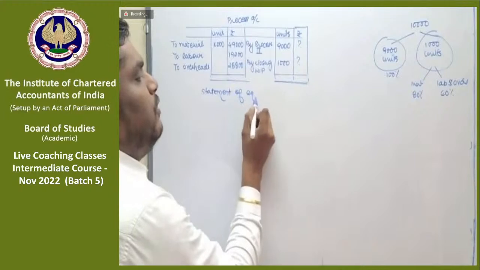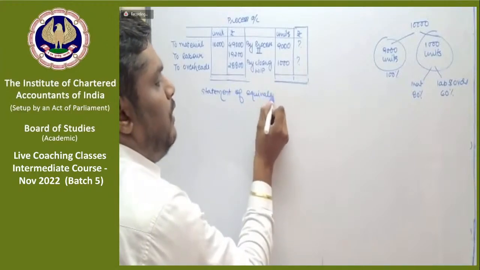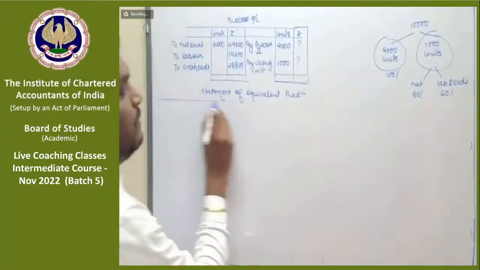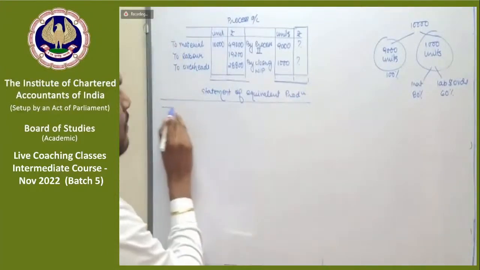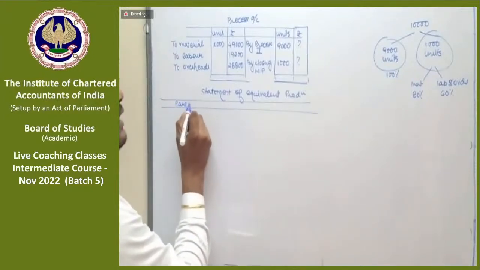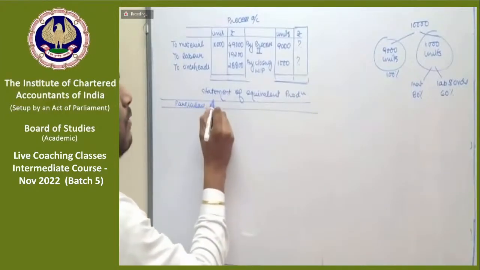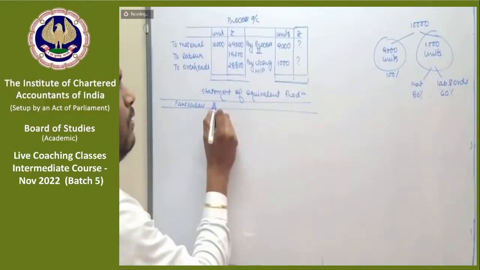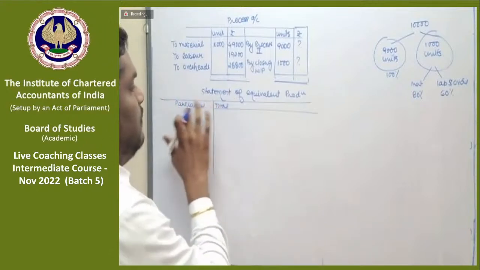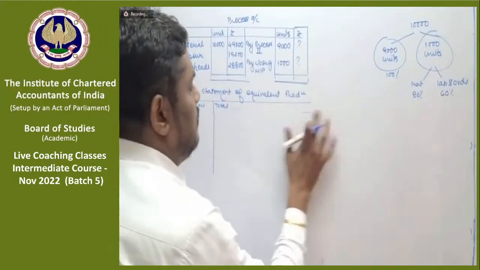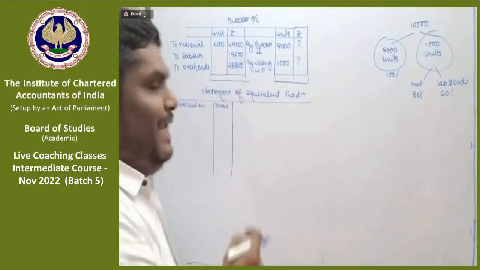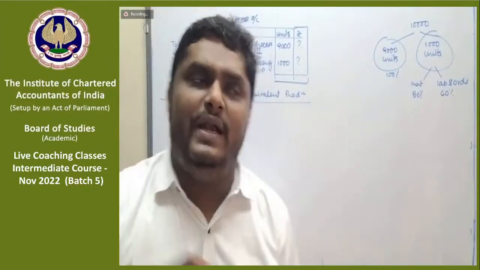Statement of equivalent production. It's a very simple statement wherein particulars, the total number of units, further, there are 3 types of cost, that is material, labor, and overhead.